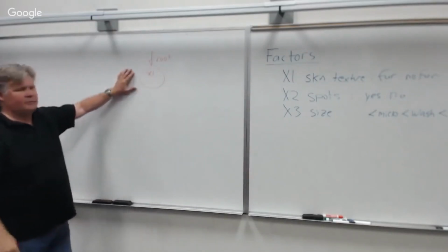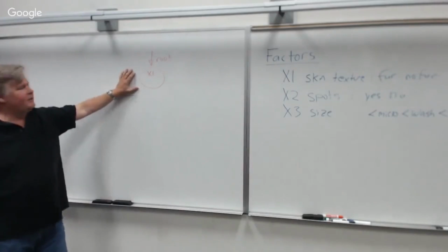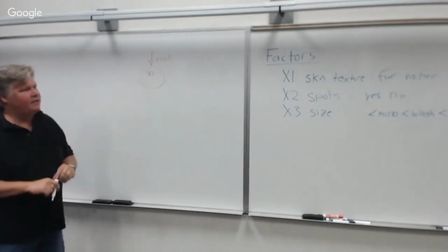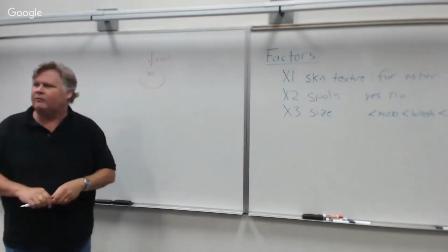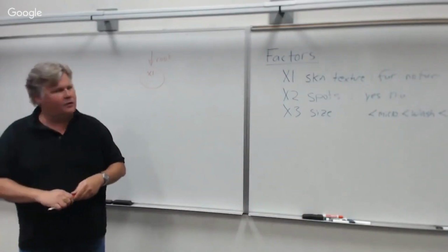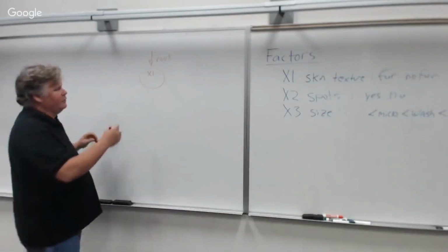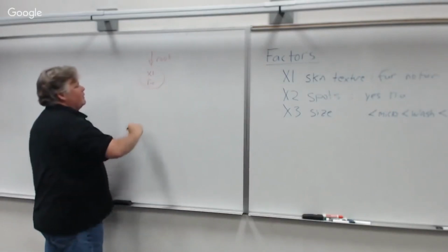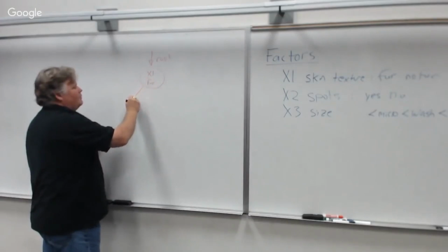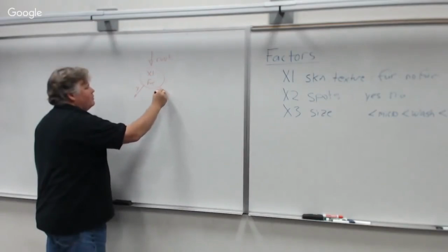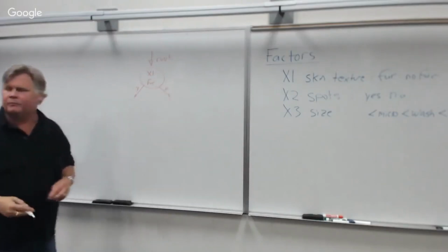So we would need to create some sort of data structure that remembers, oh, this question is about factor 1. And then there's some sort of value that you split on. So in this case, it's essentially fur. And if the answer is yes, we go down this way. If the answer is no, we go down this way.